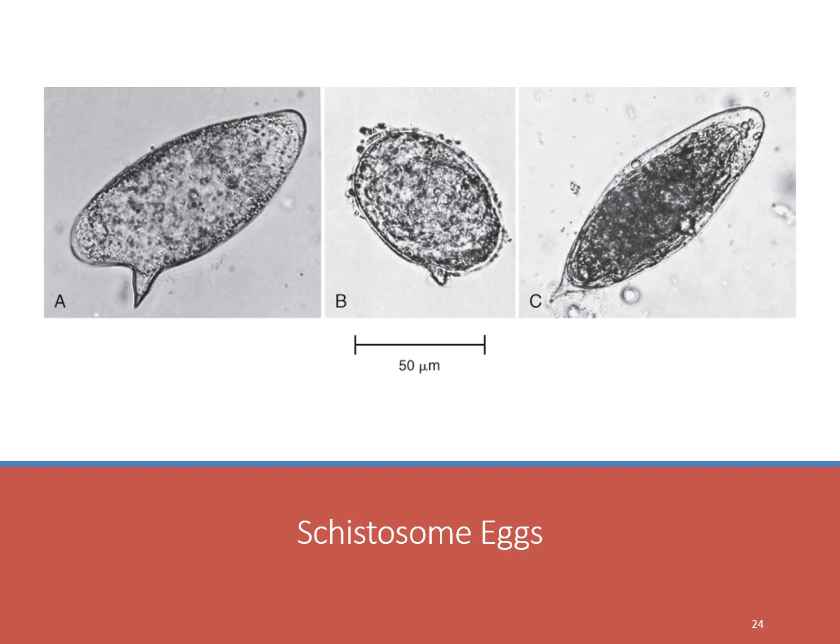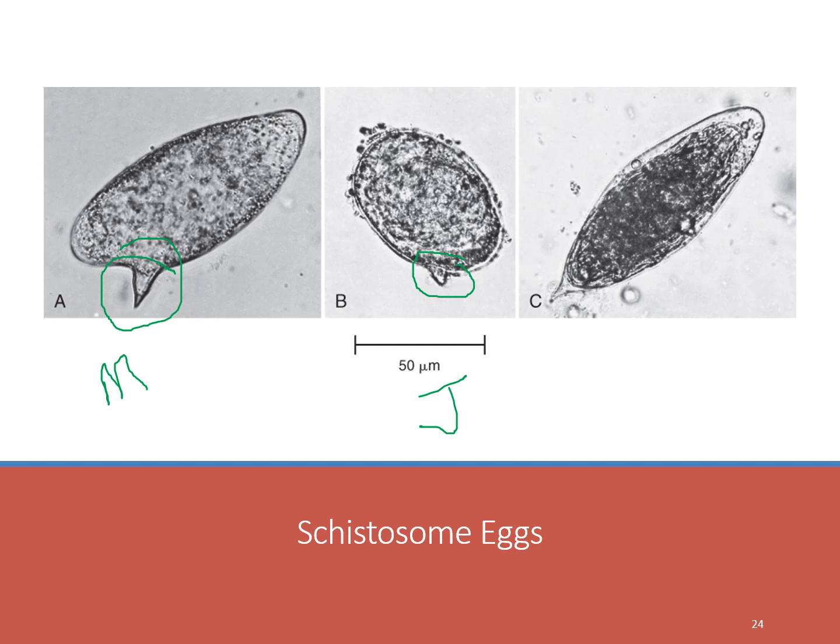So with your Mansoni, this one has this little lateral spine, so it's on the lateral side of it, and so it is a larger one, whereas with your Japonicum, this one is a smaller lateral spine, and the egg itself is not as elongated as the Mansoni.